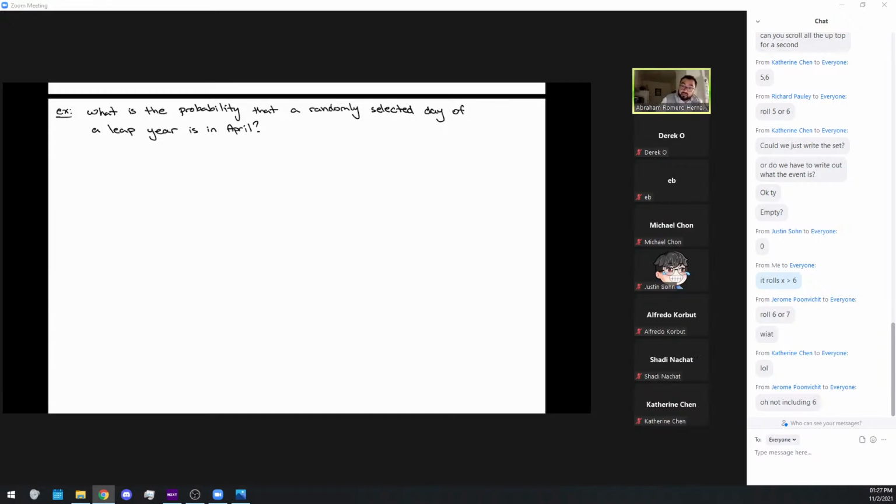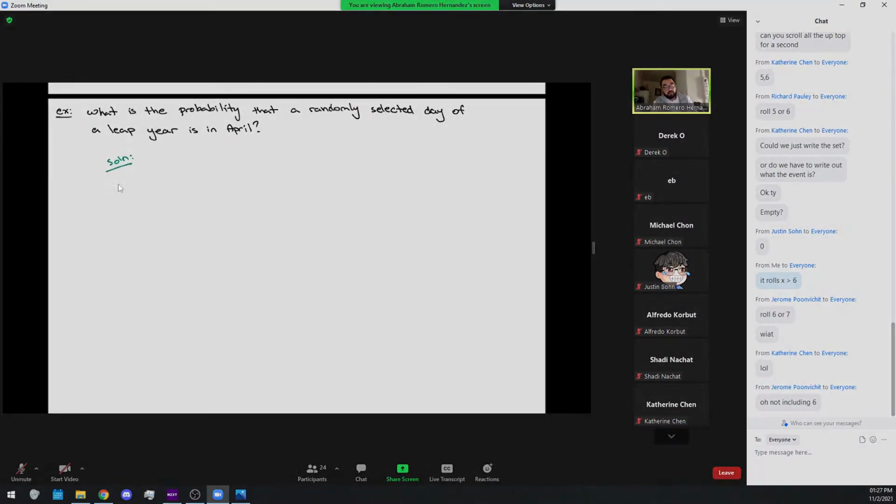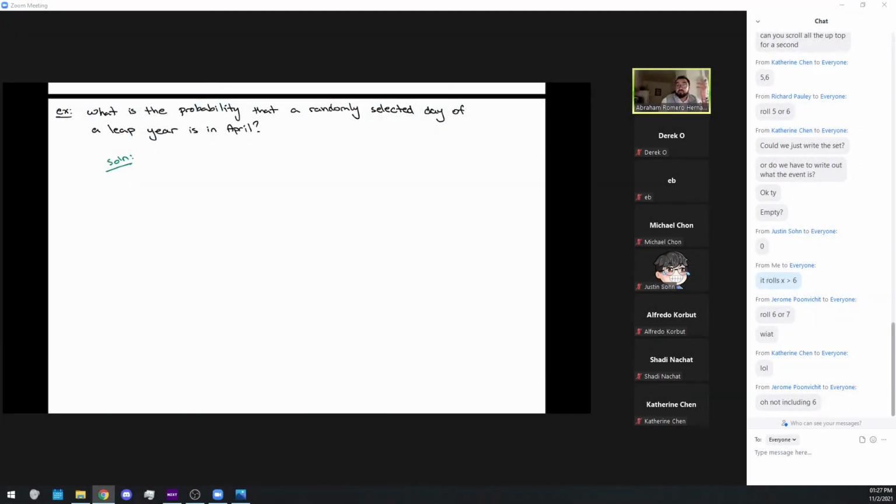Okay, so let's try and figure this one out. How many days are there in a leap year? First you want to figure out your sample space. My sample space is the number of days in a leap year.